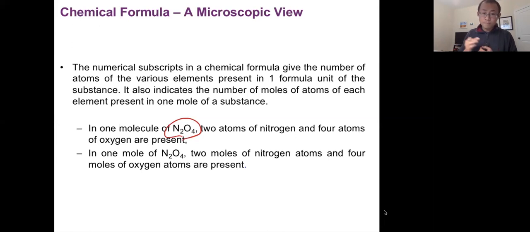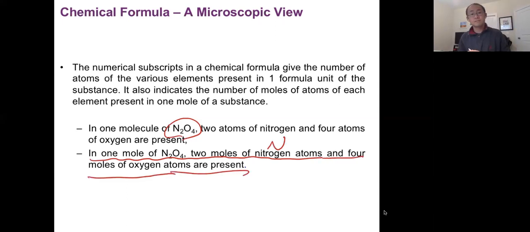That's what the subscripts 2 and 4 mean. Now, remember we said earlier, the mole is a unit of number. So if a molecule has 2 nitrogen and 4 oxygen atoms, we can also say one mole of this molecule has 2 moles of nitrogen and 4 moles of oxygen. How do we get that? I multiply 6.02 times 10 to the 23rd on everybody.